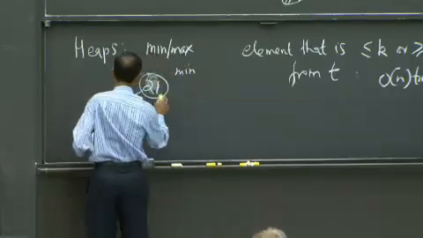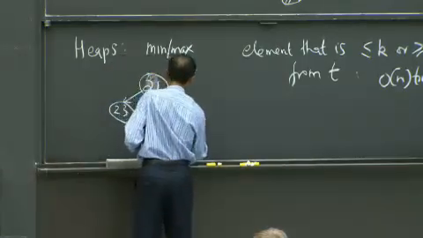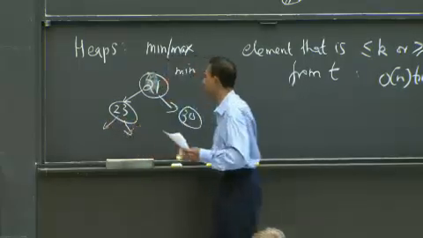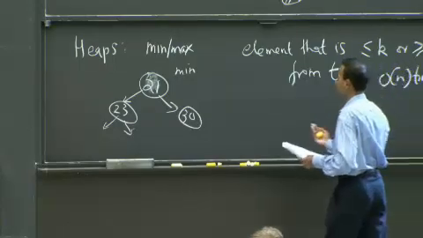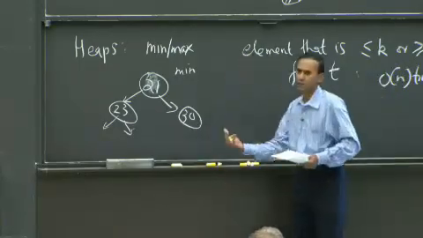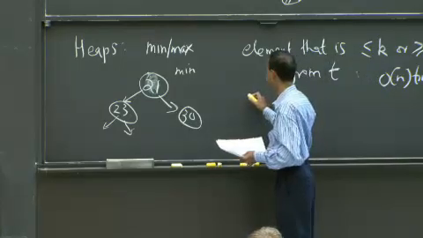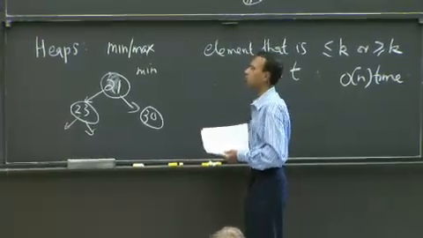So this has to be less than what's here, 23, and what's there, maybe it's 30, and so on and so forth, and you have a recursive definition. The issue is, when you insert into a min heap, suppose, for argument's sake, I want to insert 25.